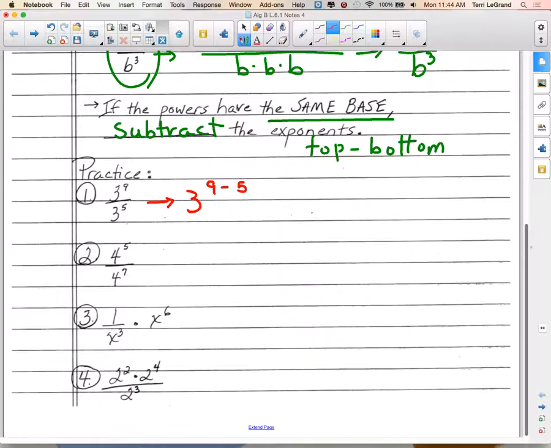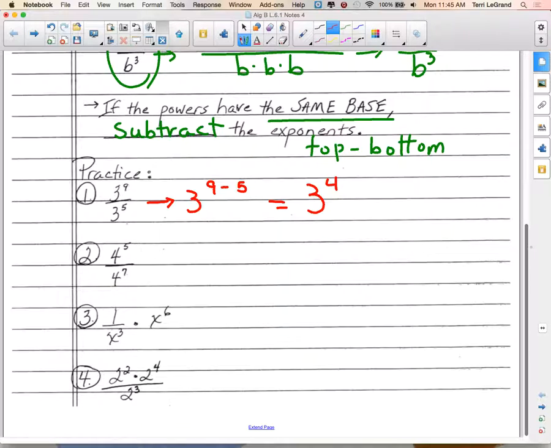It can be 3 to the 9 minus 5, instead of having to write out 3 times 3 times 3 and so on, and then start canceling. That's a whole lot of work. We could just write this instead, and say that is really 3 to the 4th power. Is it simplified? Yes. It doesn't have a negative power. It does not have a 0 power.